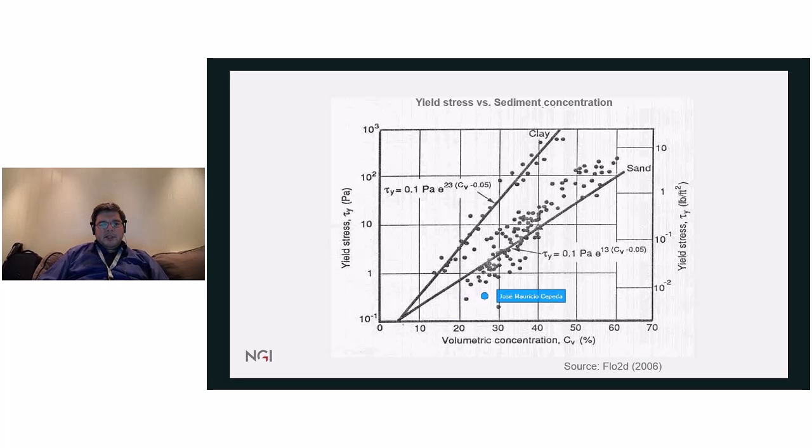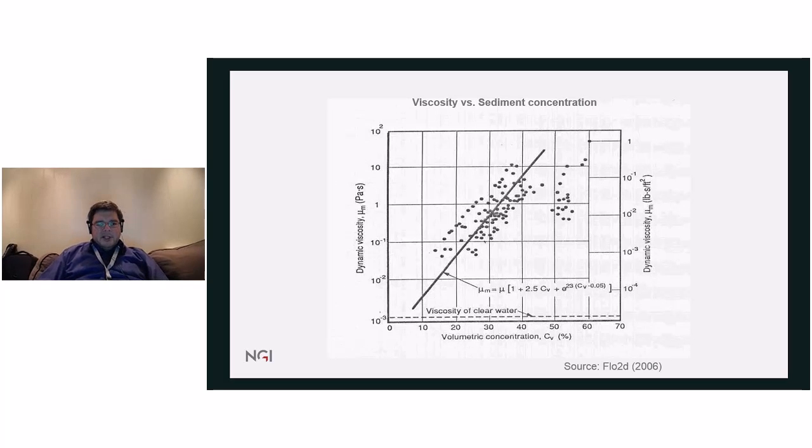And as we increase the concentration of sediments by volume, our yield stress will increase. The behavior is different for clay than for sands. A similar relation exists between dynamic viscosity and volumetric concentration. When we reduce the concentration of sediments by volume, or have a more dilute flow, that also produces a reduction in the dynamic viscosity.